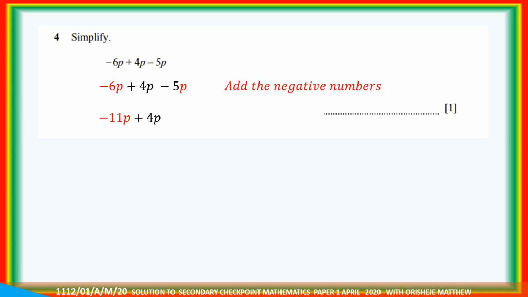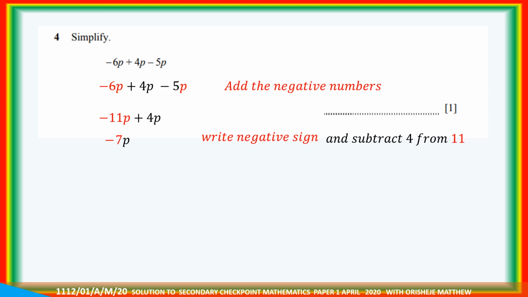Whenever you are adding a positive number and a negative number together, you take the sign in front of the bigger number, so that will give me negative. So look at the 11 and 4, which one is bigger? 11. Take the sign in front of 11. Then next, subtract 4 from 11, so that is going to be 7p. Negative 7p.